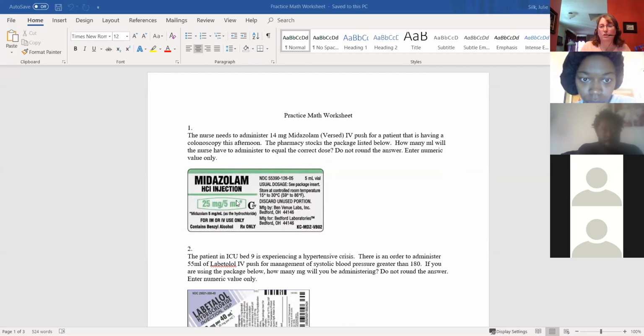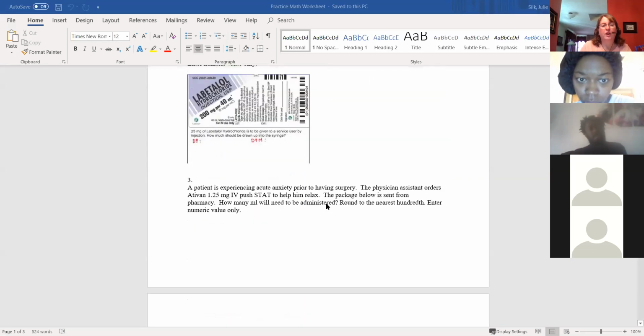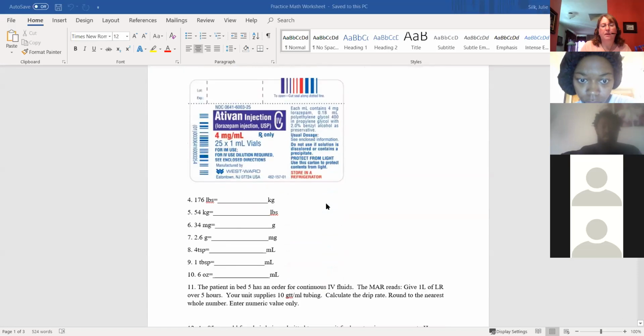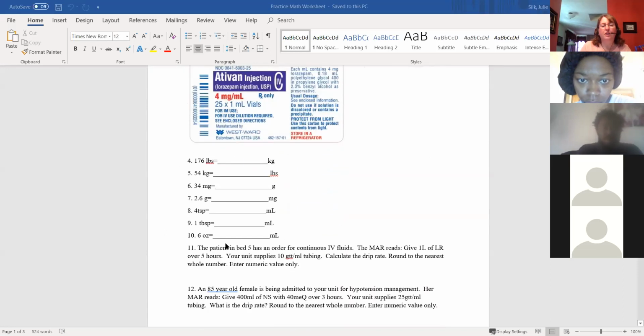So it's going to ask you how many milliliters you are going to get. Real simple. Then we're going to have a few conversion type problems: pounds to kilograms, kilograms to pounds, milligrams to grams, grams to milligrams, teaspoons, tablespoons, and ounces. So make sure you know those.